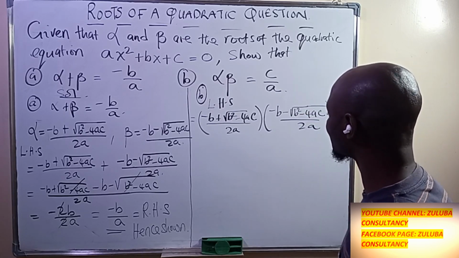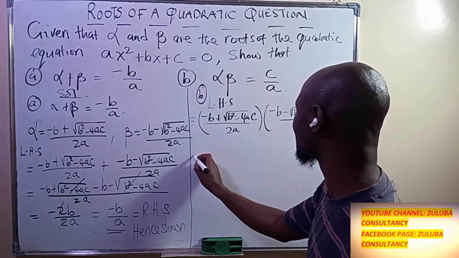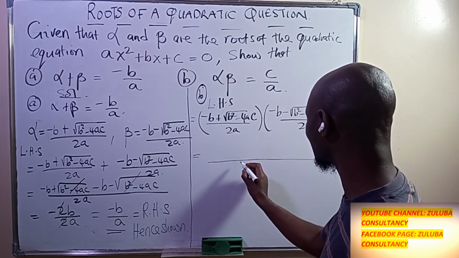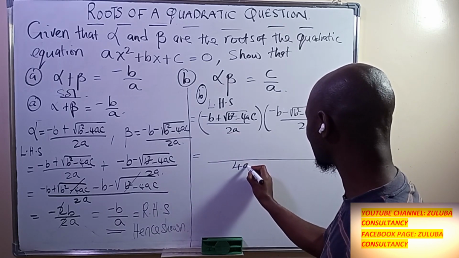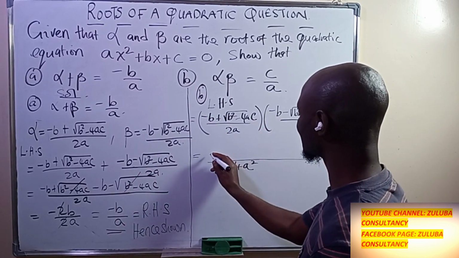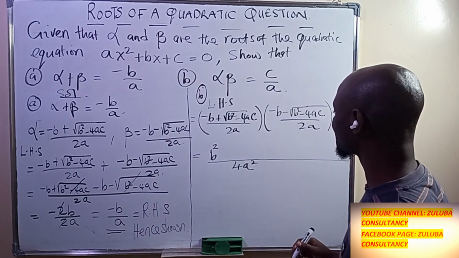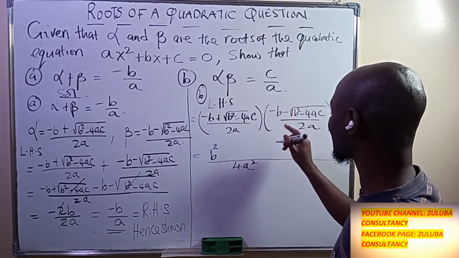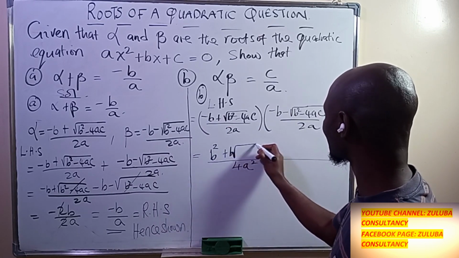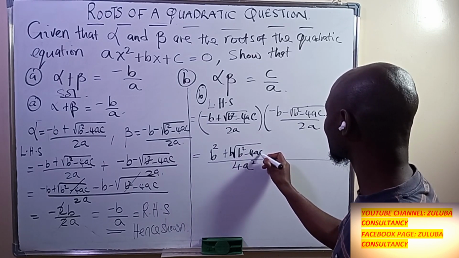So at this point, we can multiply these two things. Down there, we get 4a squared. Then we multiply negative b multiplied by this, we get positive b squared. Then when we multiply this with that, we are going to have plus b square root of b squared minus 4ac.